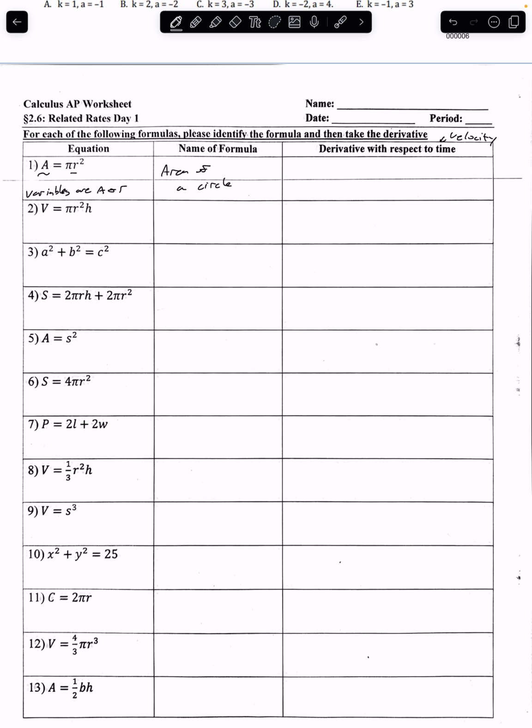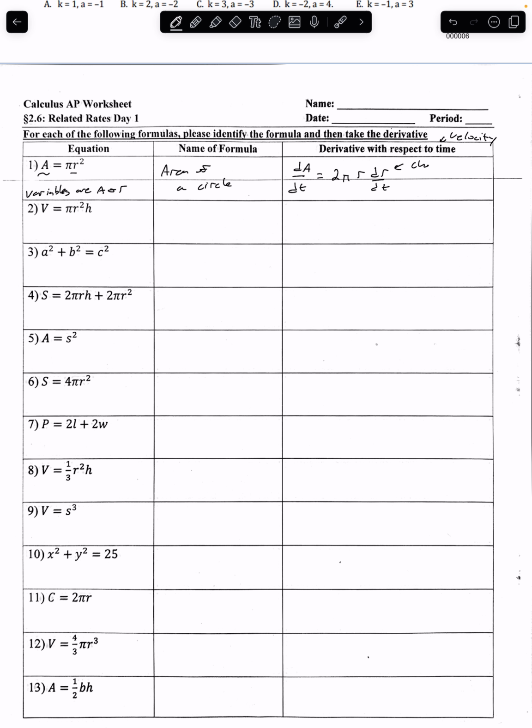So to take the derivative of area with respect to t, I get dA dt. And that's going to equal, when you take the derivative of pi r squared here, we're going to drop our 2, and that's going to give us 2 pi. We're still left with that r, but now we have to take the derivative of the inside. This is our chain rule part. We get this dr dt.